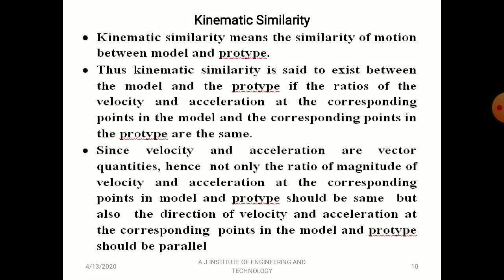Not only the magnitude, that is the value, but also the directions of velocity and acceleration should be parallel for model and prototype. So that is with respect to kinematic similarity.